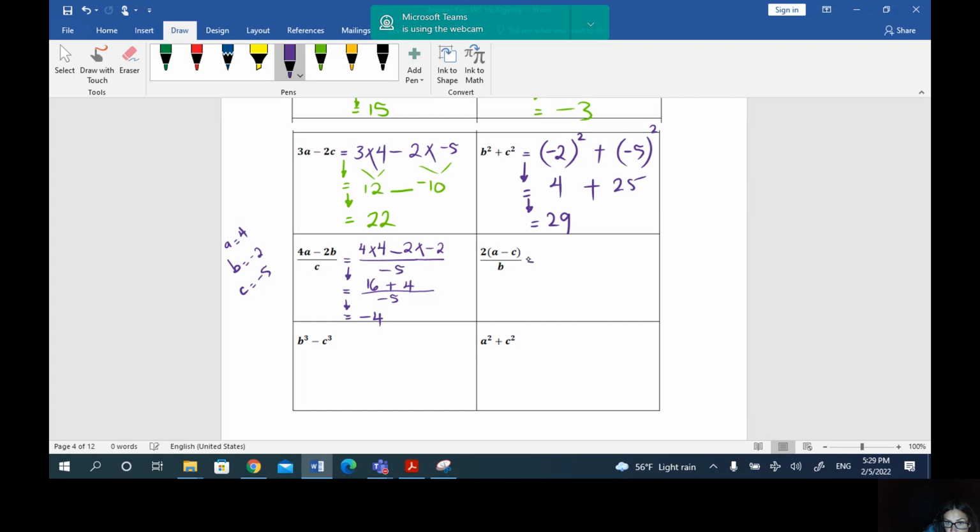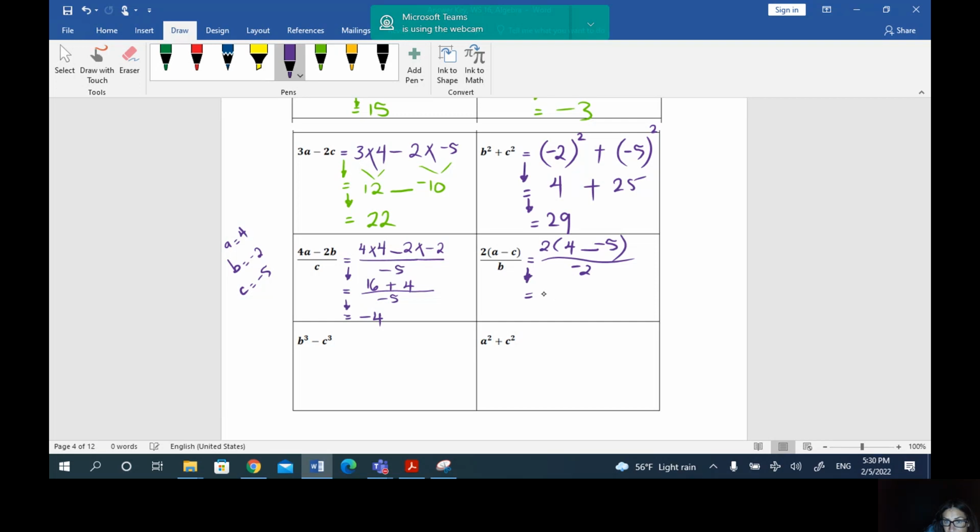Same here. Fraction line, 2, open a bracket, a minus c. A is 4, minus c is -5, so minus 5 over b, which is -2. Let's apply the order of operations.